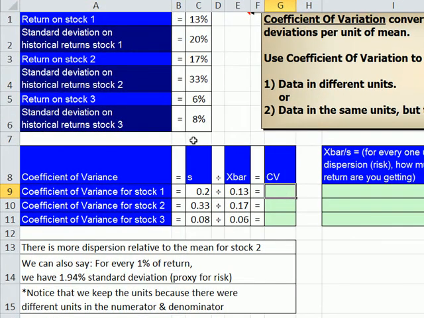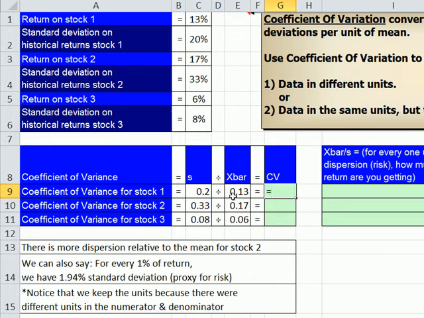So what we do is we divide. We're going to take sample standard deviation divided by x bar. Now, anytime you do division like this, standard deviation of the sample divided by x bar, when you get the answer, there's always a 1 in the denominator. So it'll really tell us for every 1 unit of x bar, which is our return, for every 1 unit of return, what's the variation or sample standard deviation.